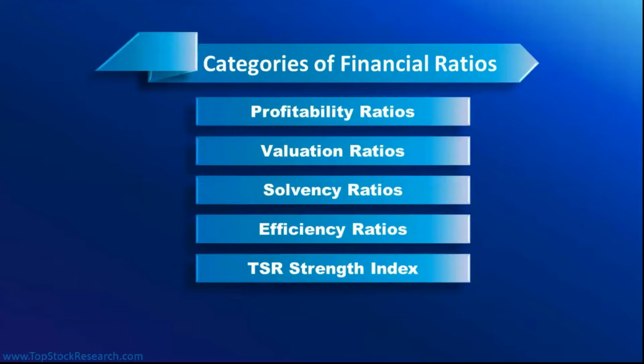Apart from that, if you remember, these ratios are basically a simple combination of two or more fields of your financial statements. They are good and time tested, but certain times one ratio may be showing a completely different picture compared to the other ratio of the same category. So what we try to do here at TopStock Research is create our own strength index on each of the four categories.